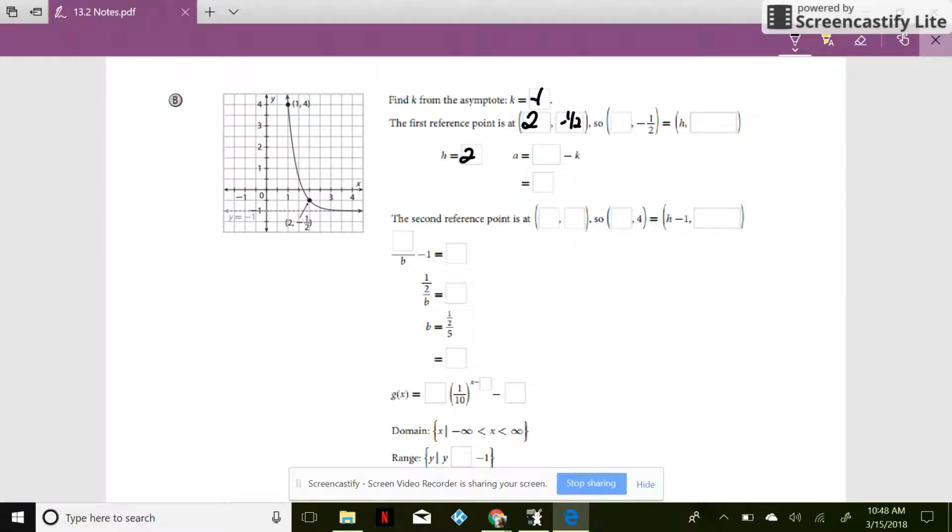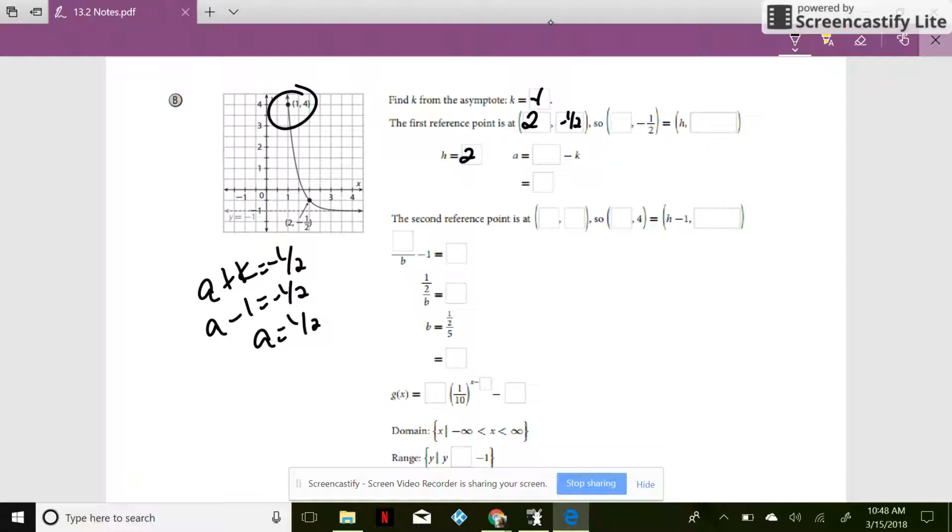So then the y value there, which is -1/2, is going to be our a plus k. So that means a minus 1 is -1/2, which means a will be +1/2. So a is +1/2.